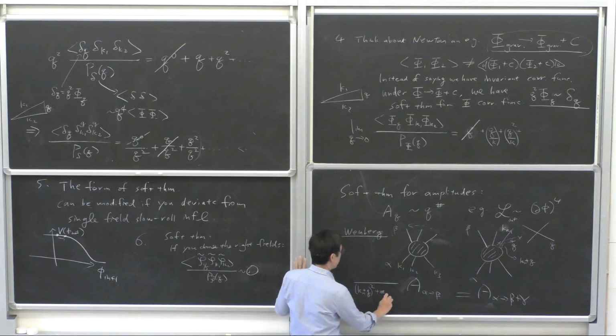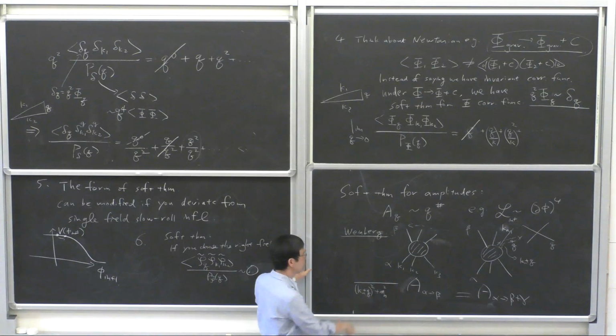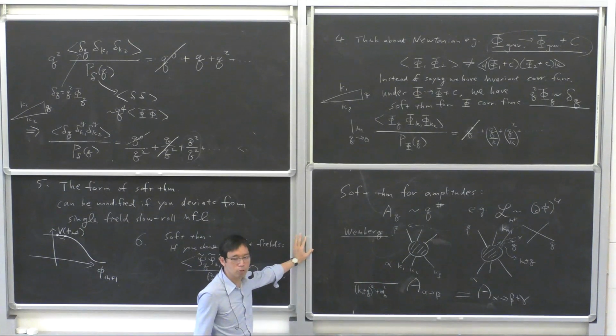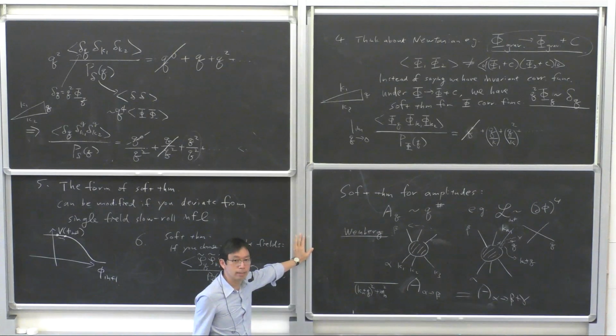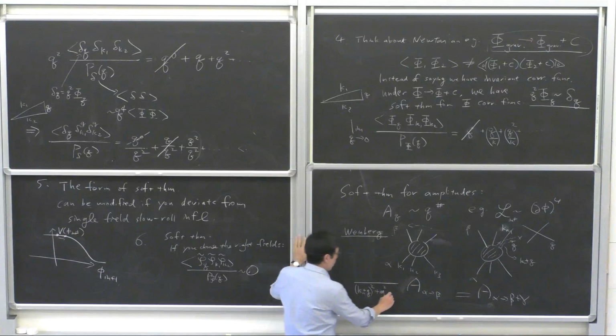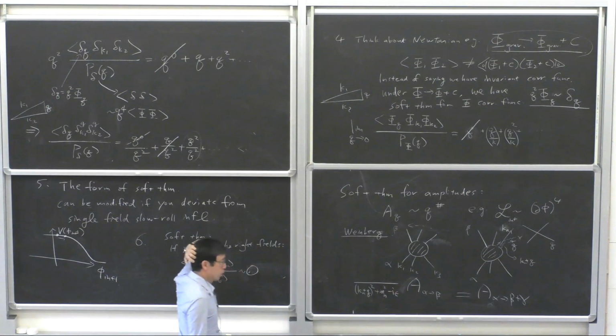And I'm going to label the mass of the particle by Mn because who knows? Each of these particles might even have a different mass. So I'm just going to write Mn. You agree? Yes? And then if you want to keep track, there's an i epsilon here. Mostly we will ignore it.